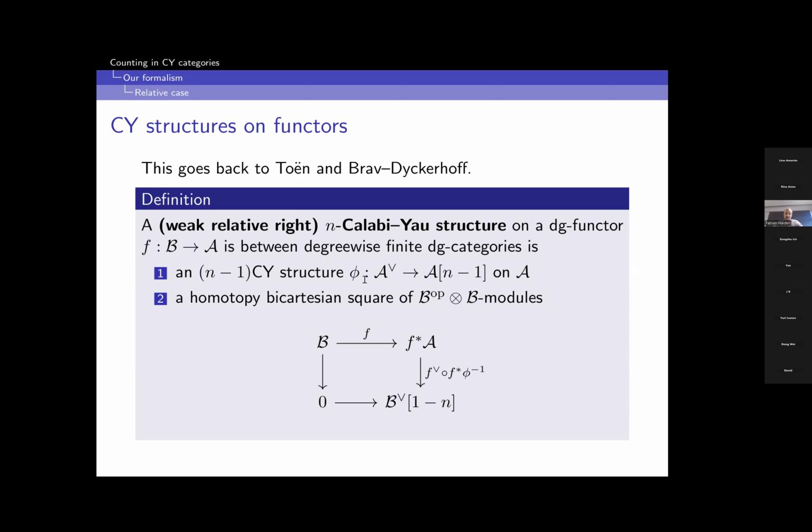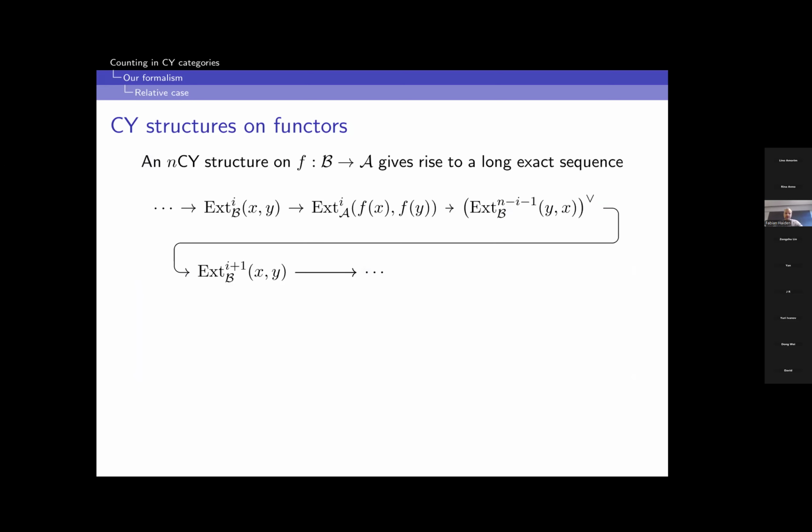I'm confused. Only one is Calabi-Yau. Yeah, not only A is Calabi-Yau, and then the functor will be somehow Calabi-Yau. If you have a manifold with boundary, then instead of Poincaré duality, you have a long exact sequence in cohomology, which involves the cohomology of the manifold and then the cohomology of its boundary.